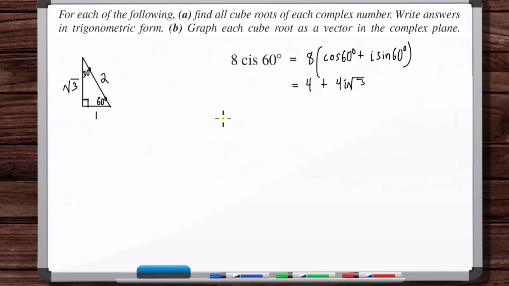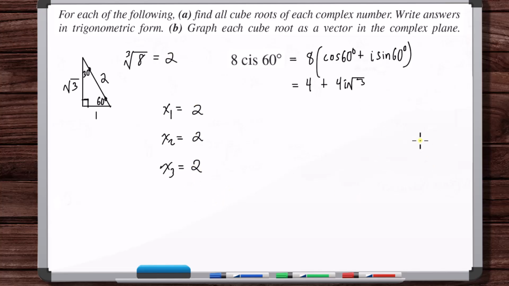All right, so now we're going to have these three roots. They're going to have the same radius, given by the principal cube root of this r value. What is the principal cube root of 8? That's 2. So they're all going to have radius 2.